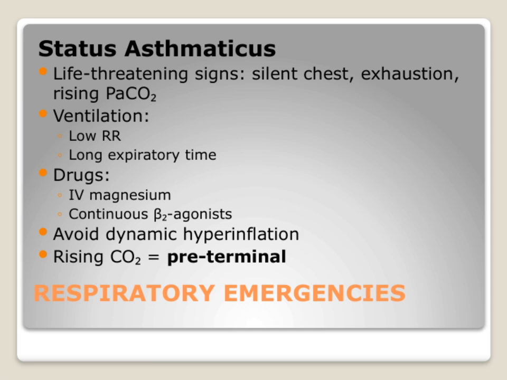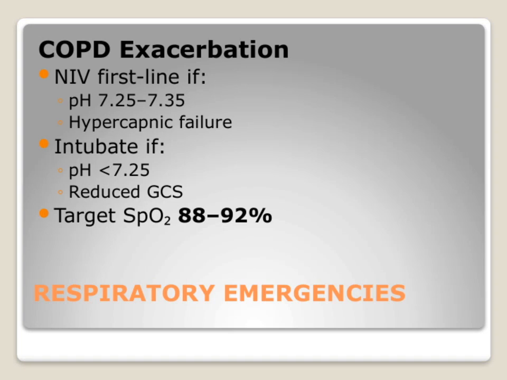When it comes to managing COPD exacerbations, it's crucial to understand when to use non-invasive ventilation, or NIV, as the first-line treatment. If a patient's blood pH is between 7.25 and 7.35, and they are experiencing hypercapnic failure, NIV is typically the preferred initial approach.